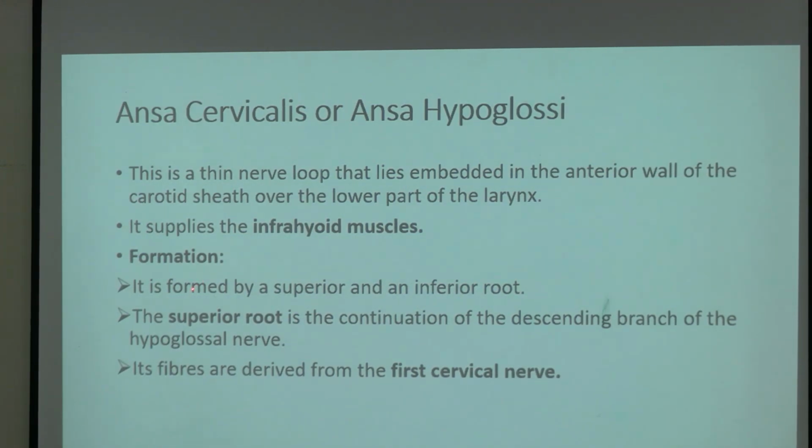The formation of your Ansa cervicalis includes the superior and inferior root. I already mentioned that the anterior wall of your carotid sheath has superior and inferior roots of your vagus nerve. That forms the Ansa cervicalis and it supplies to your infrahyoid muscles. The superior root is the continuation of the descending branch of the hypoglossal nerve and its fibers are derived from the first cervical nerve.